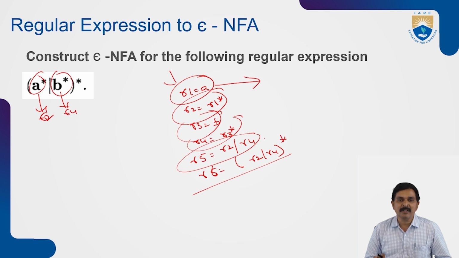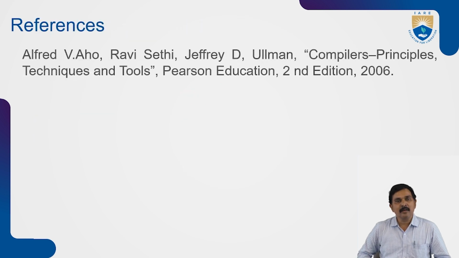Once you know the regular expression and the conversion, you can convert the regular expression to an NFA. Today in class we converted the regular expression to a null NFA. In that case, we followed the basis diagrams and the induction steps for the OR operator, the concatenation operator, and also the closure operator. With this, today we are going to close the class.